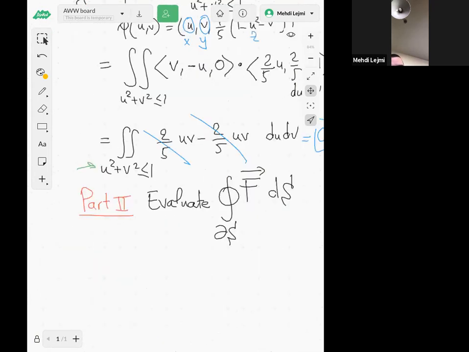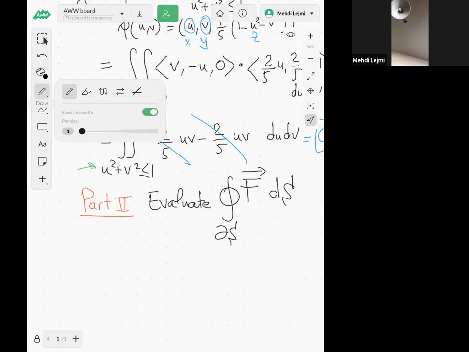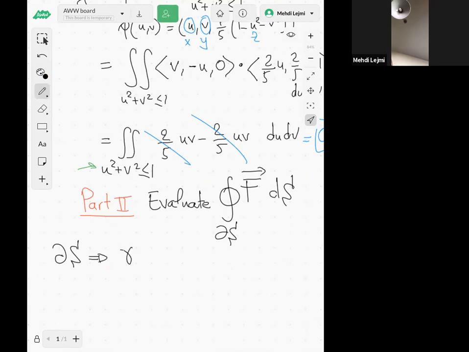If you want to parameterize, just give me 1 minute, guys. I'm almost done because this is very straightforward. For the boundary here, the parameterization would be cosine of t, sine of t, 0, because that's x squared plus y squared equals 1, and z is 0.